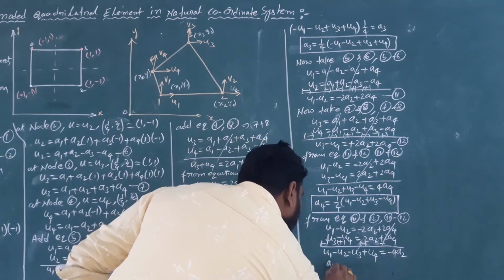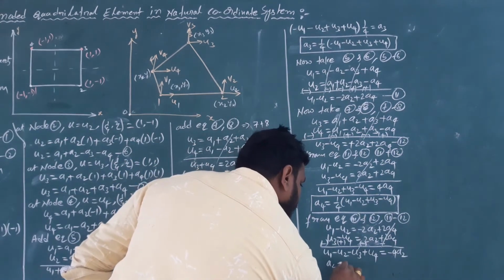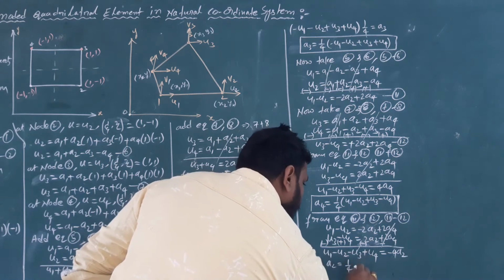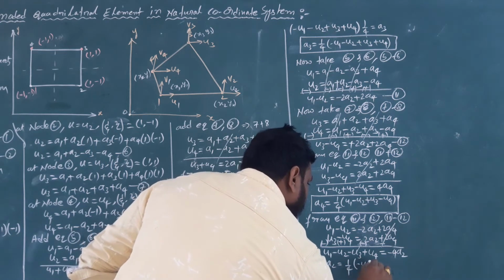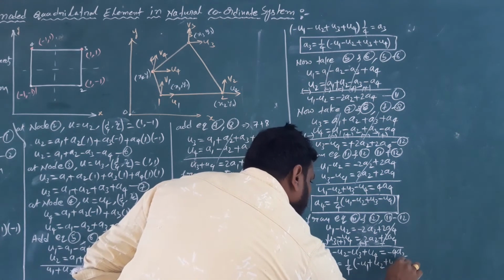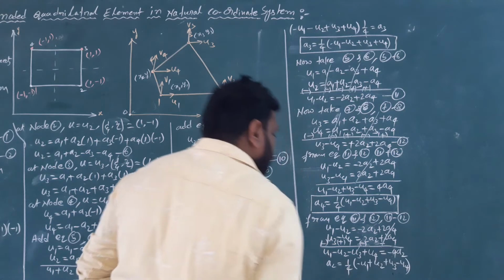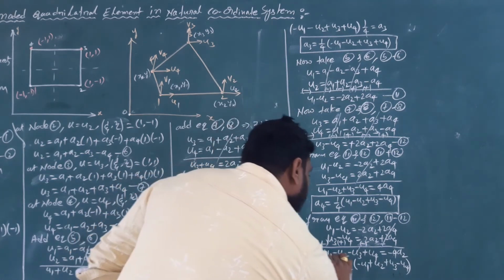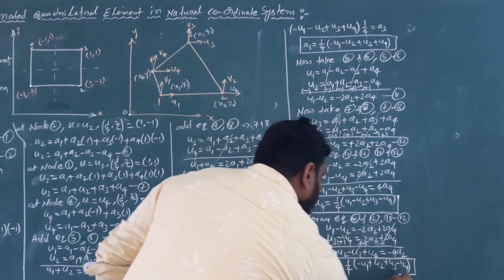So the a2 value is multiplied with minus 1 by 4, that is, minus u1 plus u2 plus u3 minus u4, times 1/4. Okay, this is the polynomial function 2.